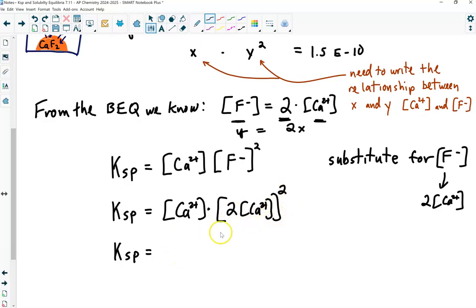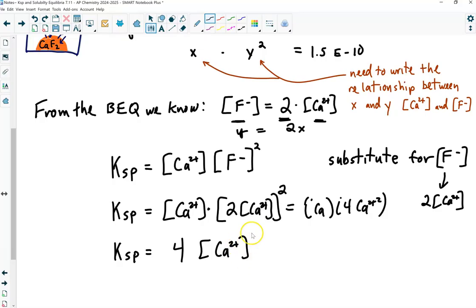So I get calcium ion, right? I'm going to just do this real quick and dirty. 4 times calcium ion squared, right? You got that. Oh, what's it going to end up? The Ksp equals 4 times the calcium ion concentration, what? Cubed. And that equals the Ksp value of 1.5 times 10 to the negative 10.